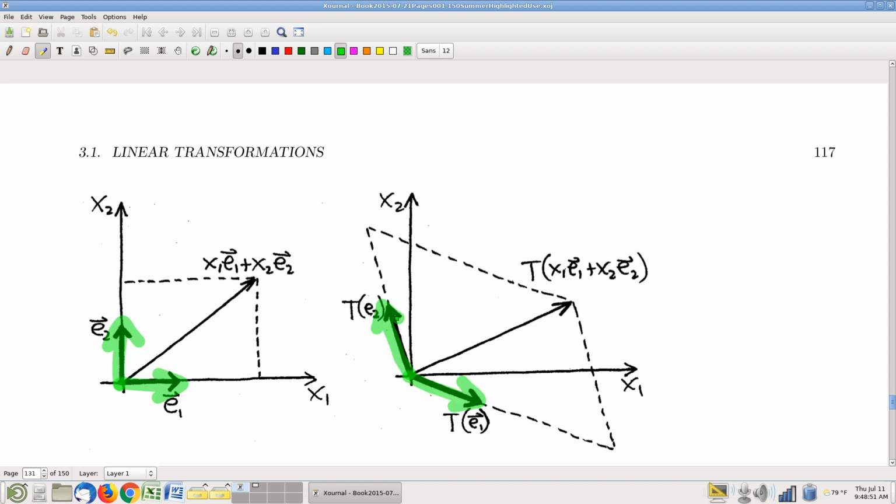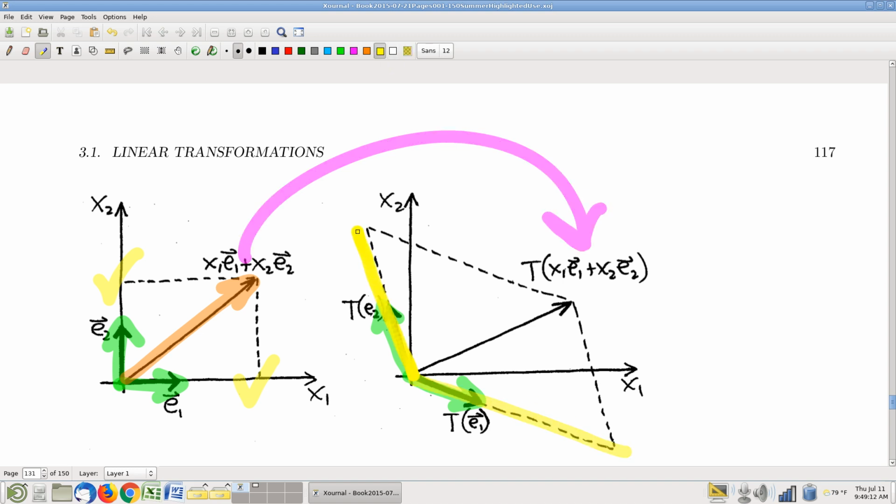That's the premise. Then, if you give me some combination of E1 and E2, that means I know what these coordinates are. By linearity, I know that the output is the same linear combination of these two images that I'm told that I know.